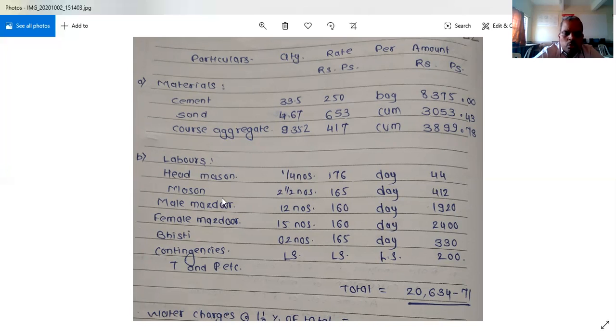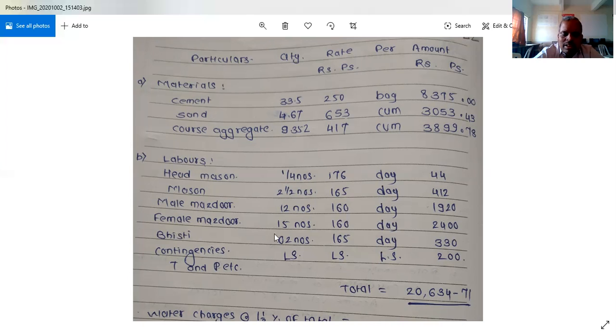Then 2.5 masons are required for concreting 10 cubic meter of PCC bed. So 2.5 at the rate per day of 165 will be 412. Then male mazdoor, 12 male mazdoors are required into 160, that is 1920.